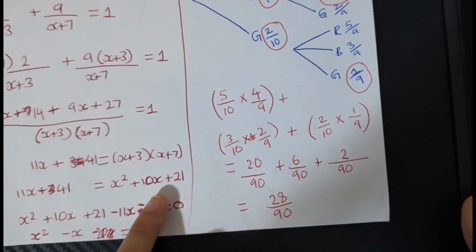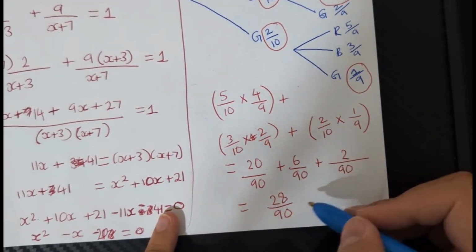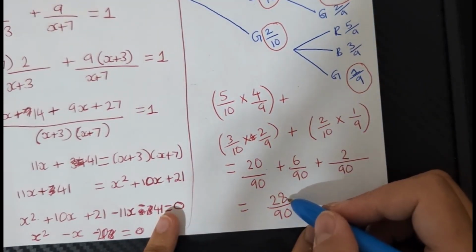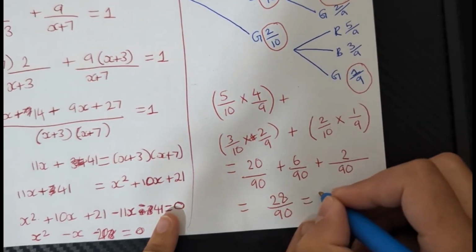You could simplify this, because I can spot that they're both even numbers, so they can easily halve. They won't be in the 3 times table, but let's halve them and see. That's always a good idea to do.